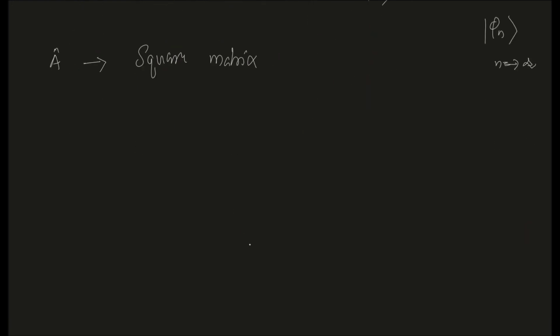Okay, so in general you can write any operator A which can be represented by a square matrix A11, A12, etc., A21, A22, etc. So in that fashion it can have infinite number of rows and columns.